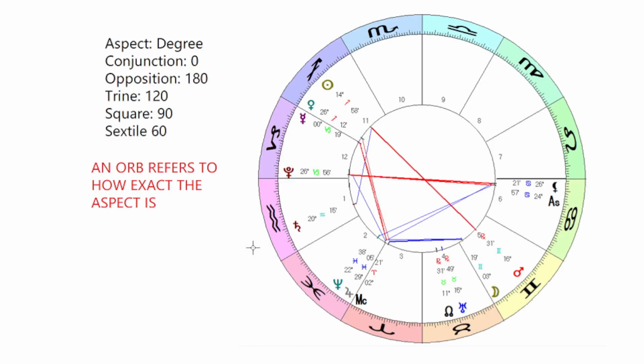Now, to answer the question, how far away does an orb have to be before it's no longer considered an aspect? That is an excellent question, and I'm so glad you asked. This is debated in astrology, and honestly, there isn't some magic number that says something is greater than a particular number away, and therefore has no effect.